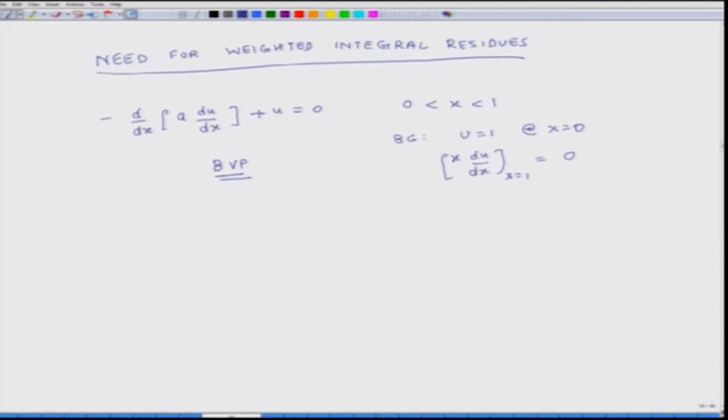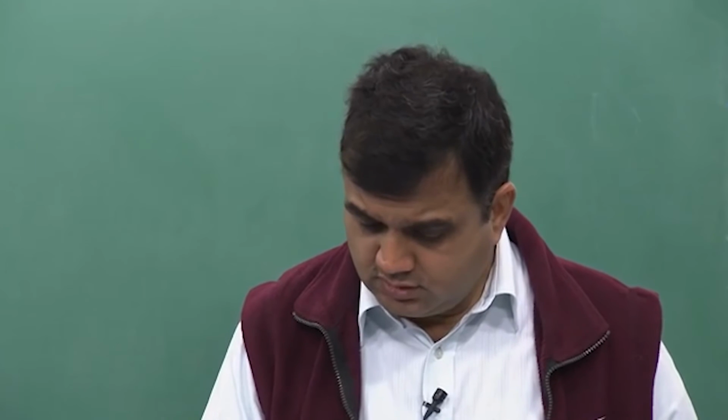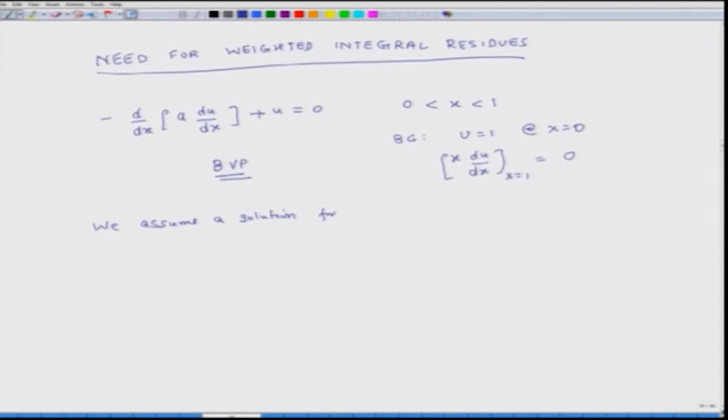So, let us say that we assume a solution, and here we are not going to break it up into small elements. We are just considering the whole domain as one single element. So, we assume a solution for the entire domain, that is 0 to 1.